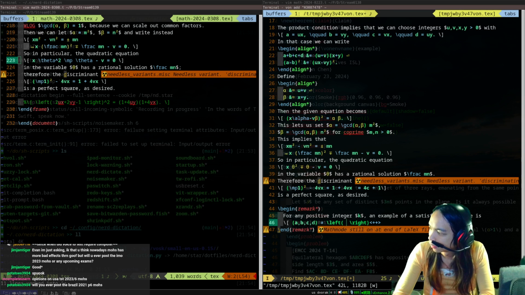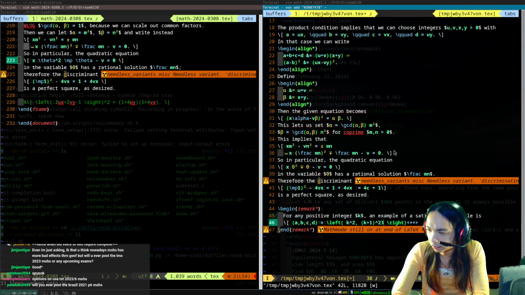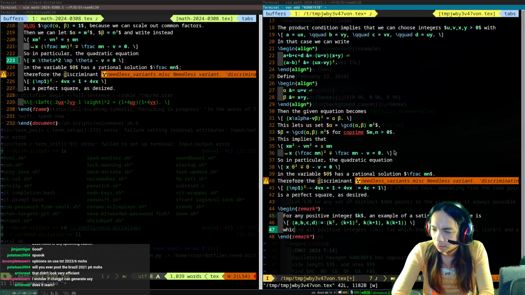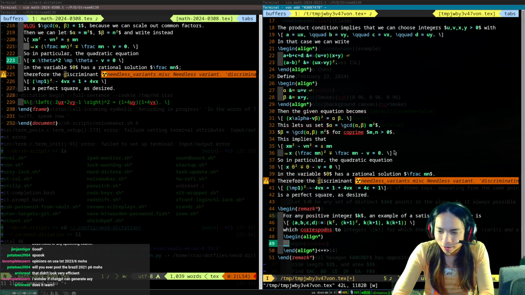Like k squared, k plus 1 squared, k plus 1, k plus 1, which corresponds to... yeah, I'm just trying it out out of curiosity. I think it only makes sense for long paragraphs that don't have math symbols in them right now.